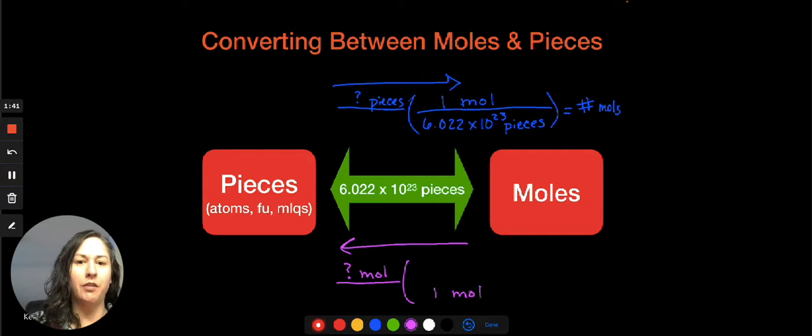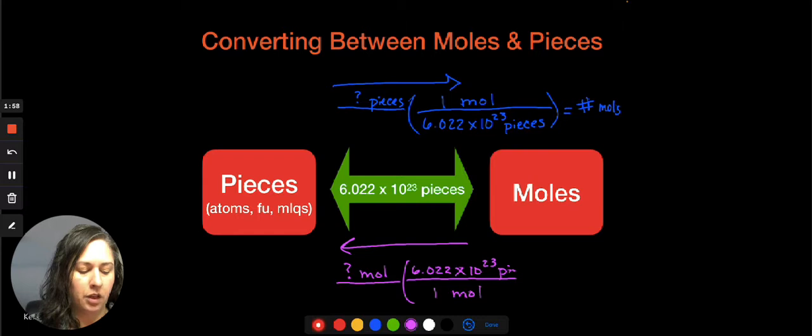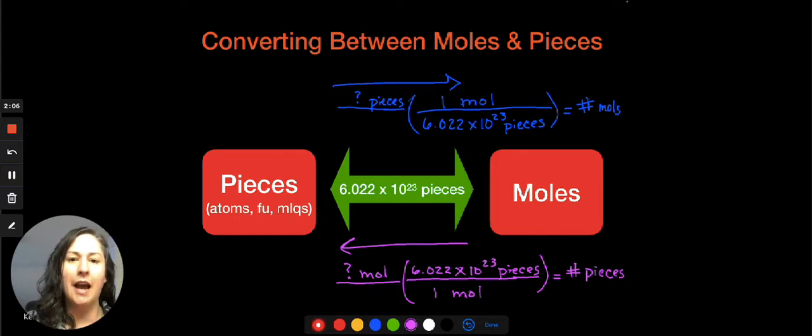So remember, whatever's going to cancel has to be on the bottom, for what we were trying to cancel in the previous step. And so 6.022 times 10 to the 23rd pieces will go on the top, and that's going to get you some number of pieces. That's just the process, depending upon which direction you're going.